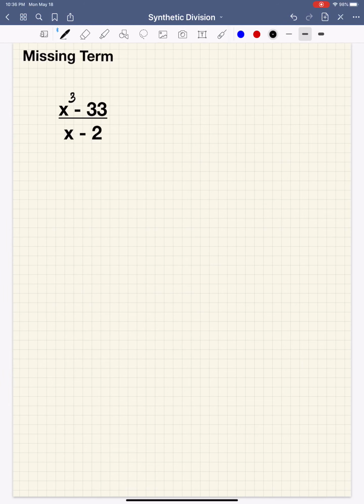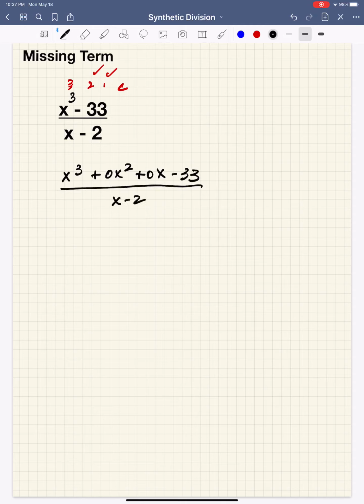Missing term. Now we're missing two terms. We have x to the third. We do not have an x squared or an x, but we do have a constant. So we're missing this one and this one. Let me rewrite it. X to the third plus 0x squared plus 0x minus 33 over x minus 2.